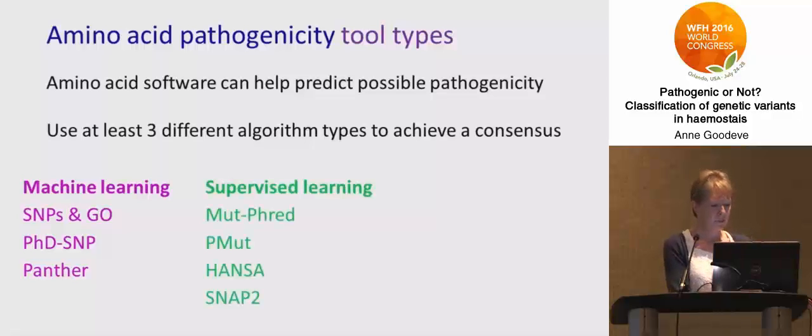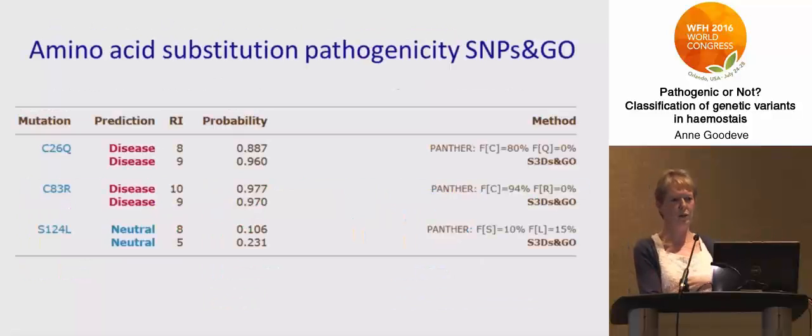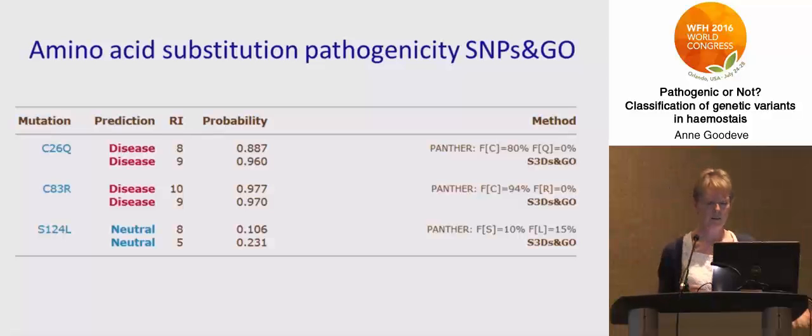These 3, SNPs and GO, PhD-SNP and Panther, all come under the machine learning heading. For supervised learning, we have at least 4 different tools within this category. These are the ones on our list that we use. And for sequence conservation, there's a further group. So the recommendation is to use them from each group and not ones that use very similar algorithms to each other, in the hope that you can come up with a consensus.